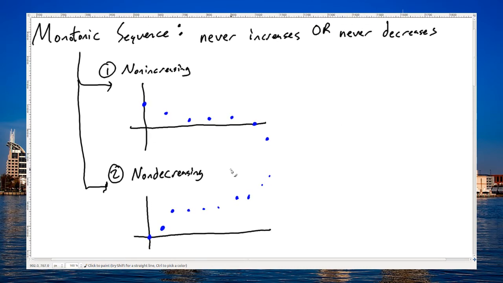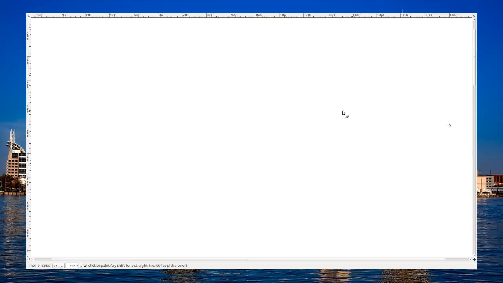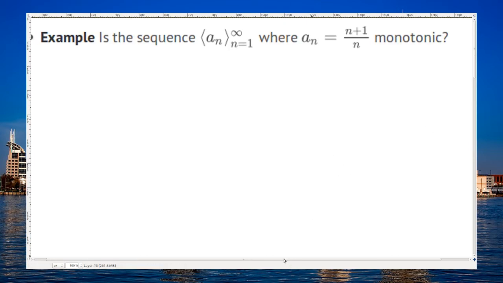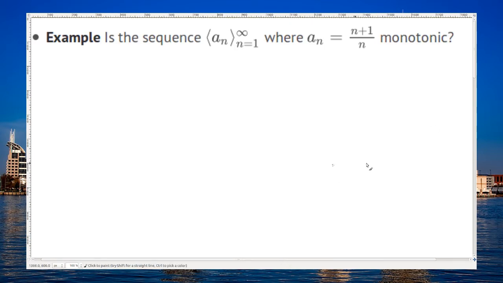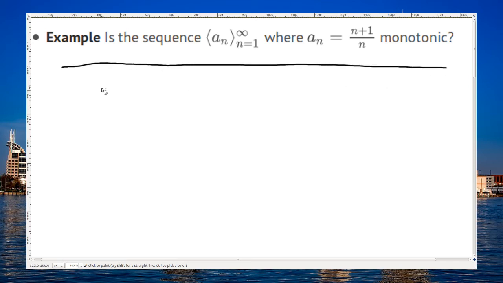In any case, let's identify whether some sequences are monotonic or not. So we're back to this n plus 1 over n thing. We want to know whether it is monotonic. So again, we will take a look at the numbers first, perhaps, and that way we'll get an intuition for whether it's monotonic or not.